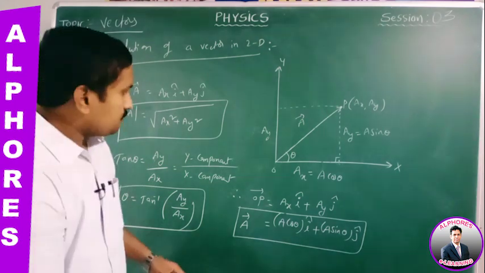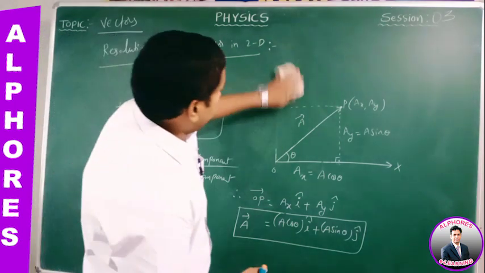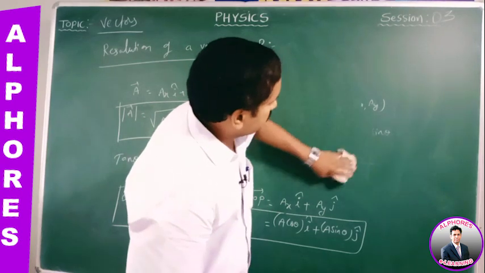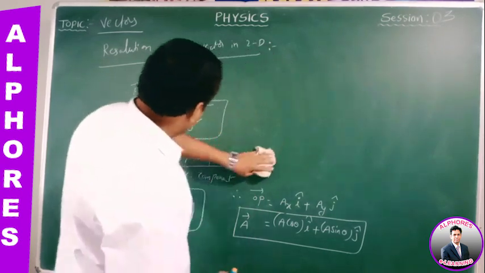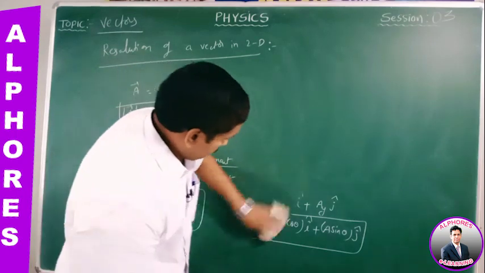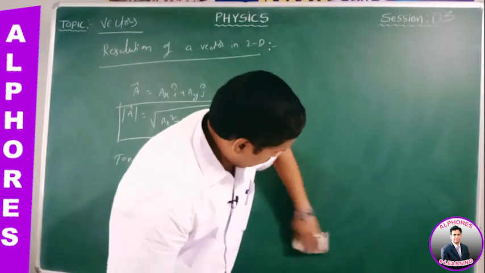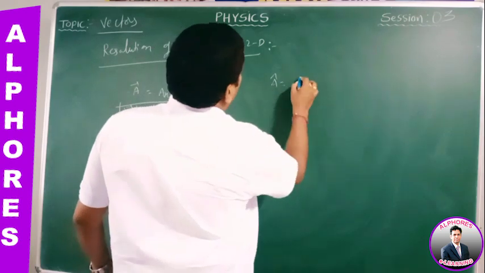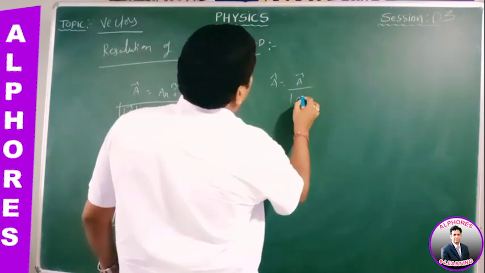Okay, suppose the unit vector for this one, a cap, is equal to a bar by magnitude of a bar.